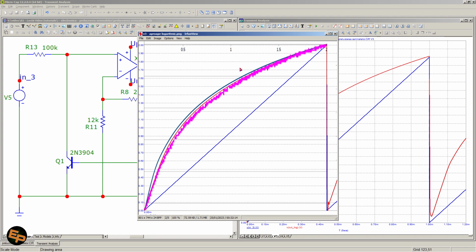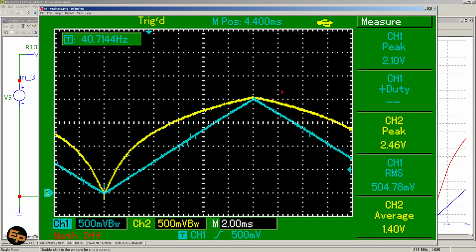So we see that the 3 curves are pretty close to each other. Even though in reality we are not obtaining a true logarithmic curve, we are obtaining one that is pretty close to a logarithmic curve. And by the way, this is the signal for this example.